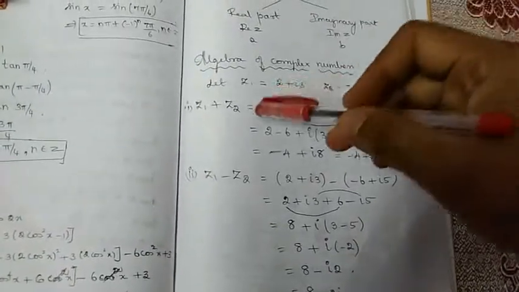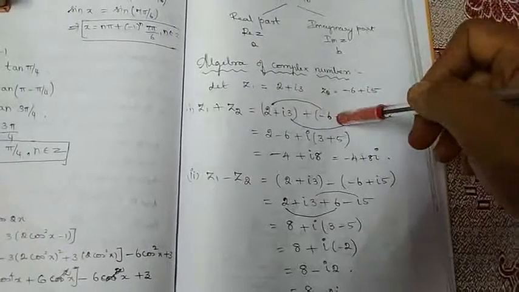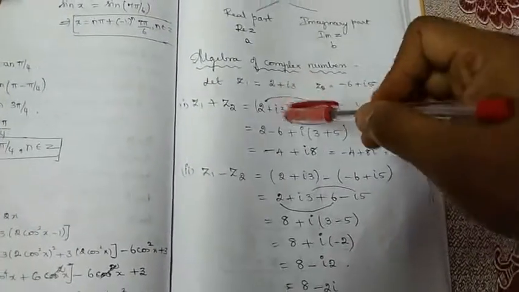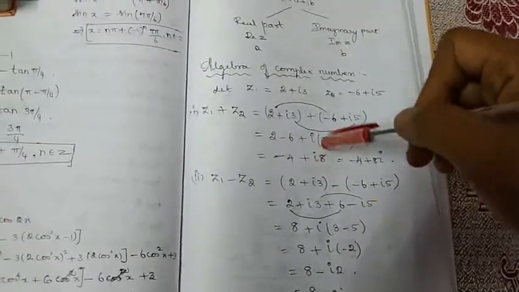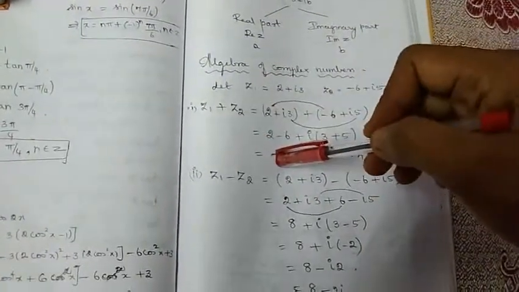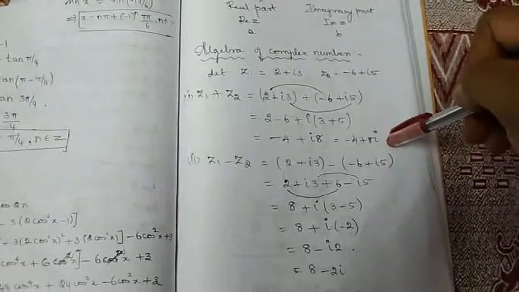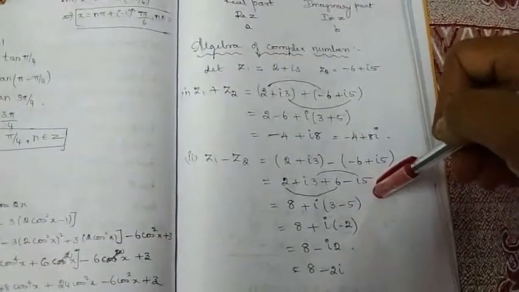The same way, real parts you have to add. 2 minus 6 is minus 4. When you add the imaginary part, 3 plus 5 will become 8, so 8i. So the sum of two complex numbers can be done in this way. The same way, the difference of two complex numbers as well.